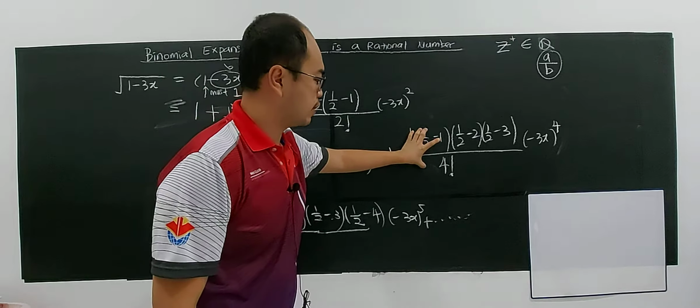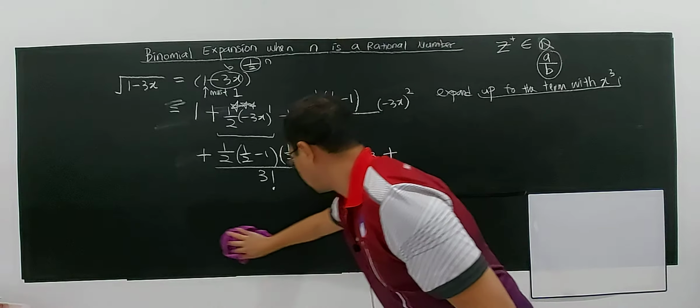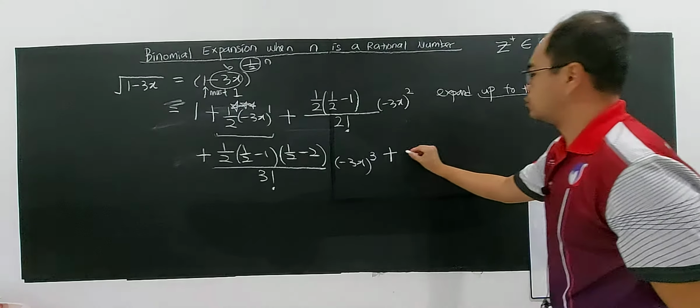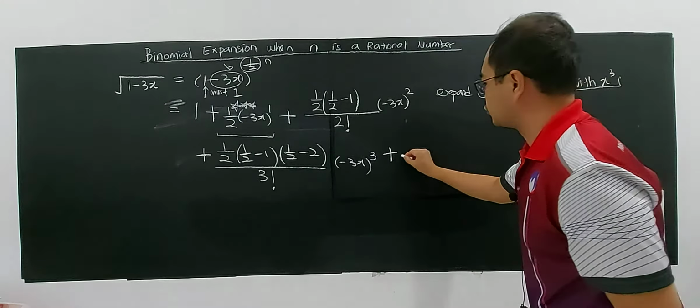It means that x to the power of 4, you are not interested in. Because if they never ask you to stop, it won't stop. I wrote this just now for you to understand the pattern. So now you know that up to x to the power of 3 means you have to stop here, then you put a dotted line to show that it continues.